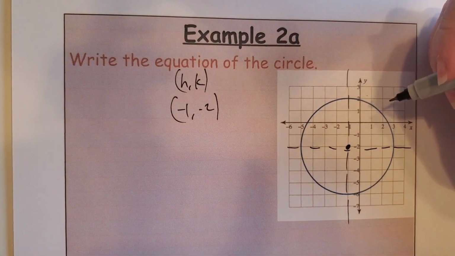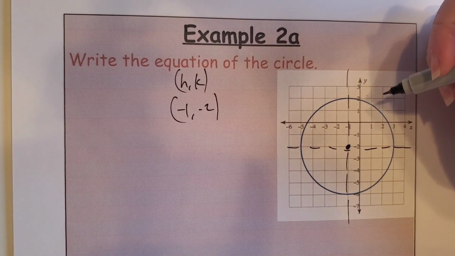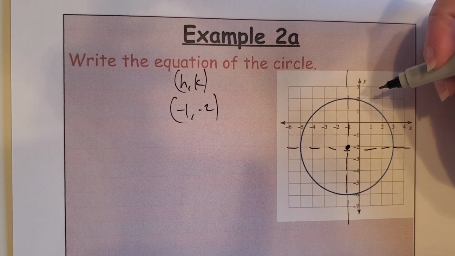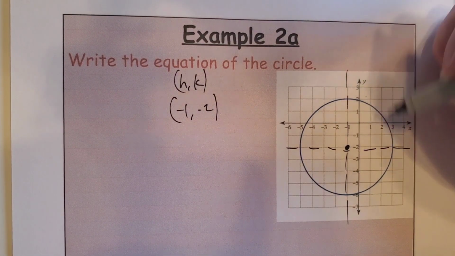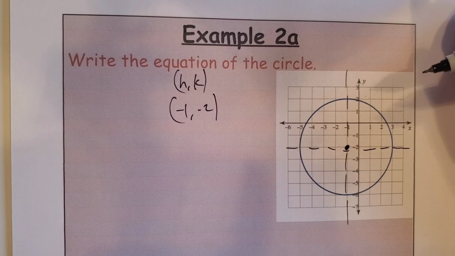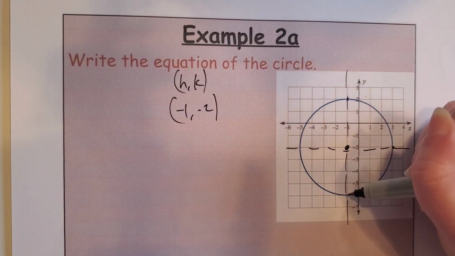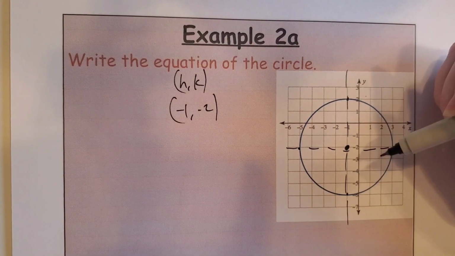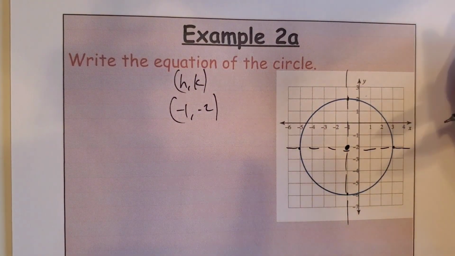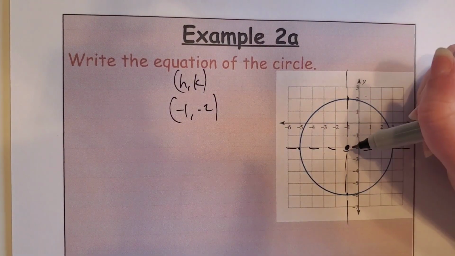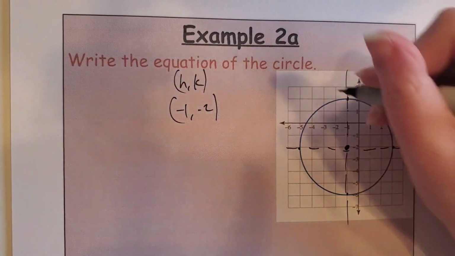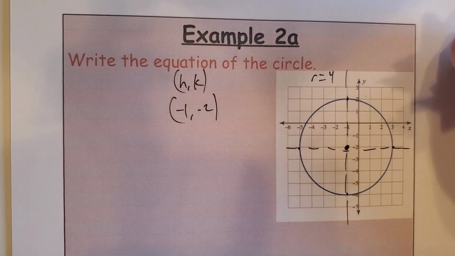And then in terms of your radius, we say the radius is just the distance from the center to any point anywhere on the outside of the circle. So we have these nice points that we made our lines through that you can just count vertically or horizontally from your center. So that's 1, 2, 3, 4. Your radius is 4.